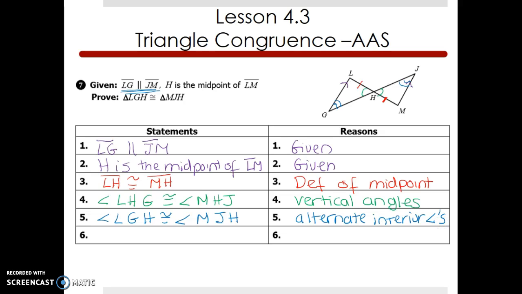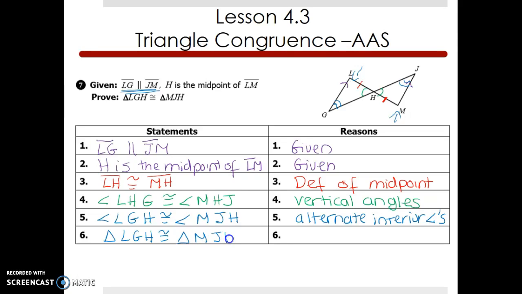So if you use this proof, you could have proved it using angle, angle, side, or you could have also used angle side angle, if you use this angle instead, which you could have used as well. So last but not least, you ended up with your triangles being congruent.